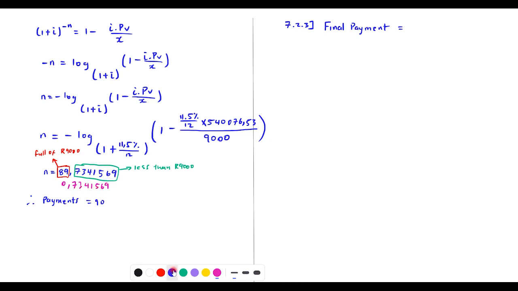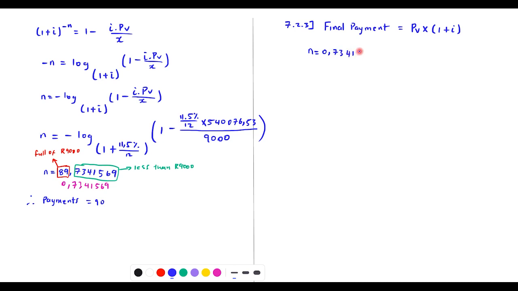So to do this, we're still going to be using PV, but then we're going to multiply it with an interest, because this interest is a charge that the bank is giving to Bonang for changing their monthly installment. Now how do we do this? In our PV, n is going to be 0.7341569.